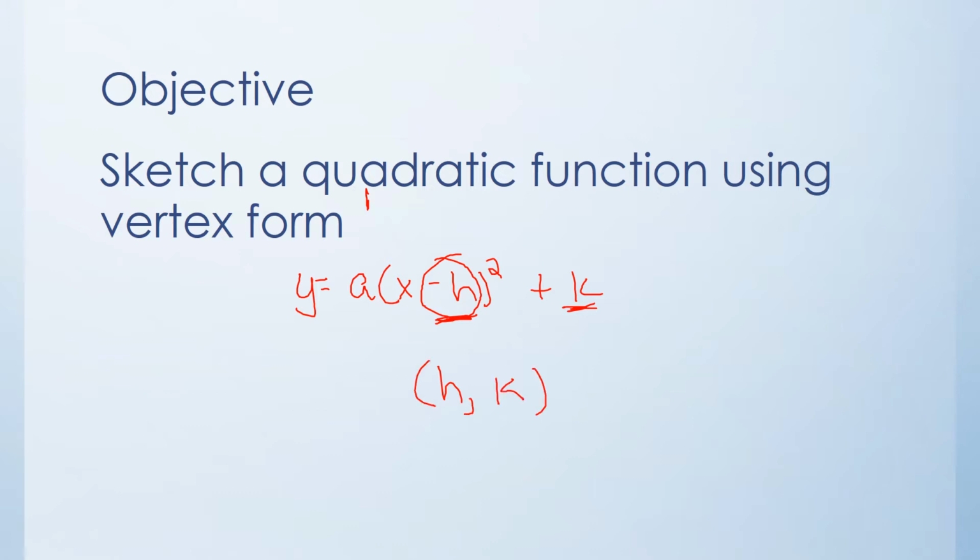And this will give us our vertex. And a tells us quite a bit of information: whether it opens up or down, and it tells us the thickness of the graph. So knowing whether the graph opens upward or downward, whether it's fat, skinny, or regular, and knowing the vertex, we're going to be able to sketch this graph.